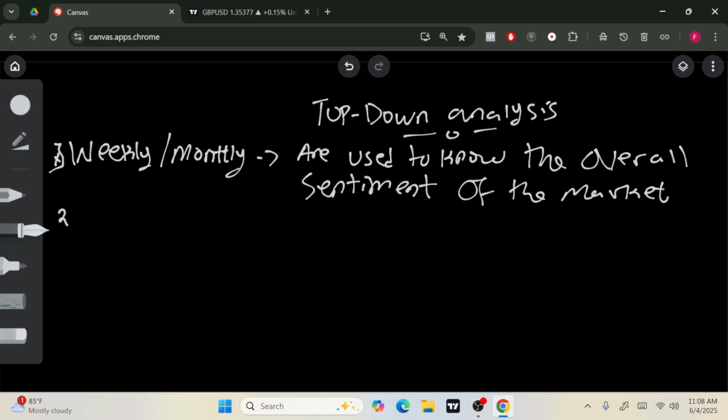Now, weekly, monthly. Number two, you have your daily time frame. So what are you checking in your daily time frame?